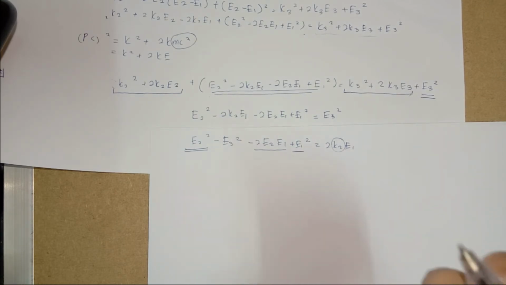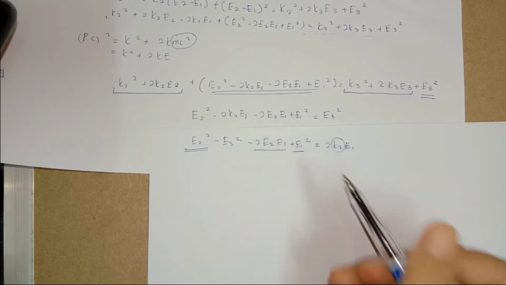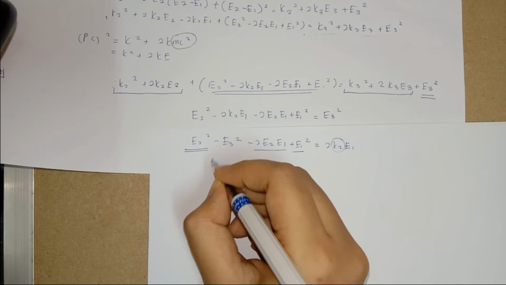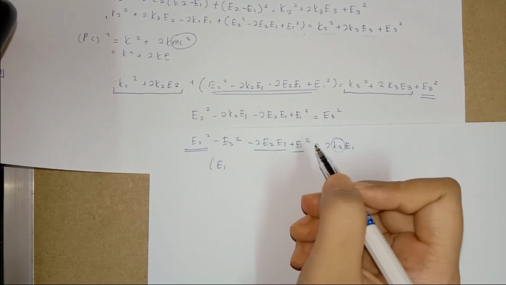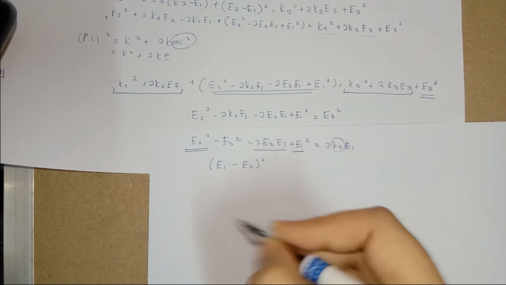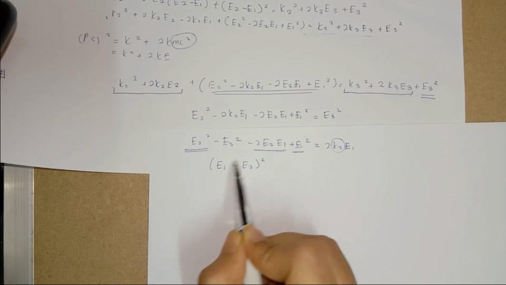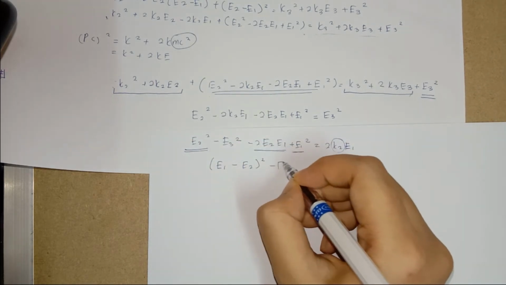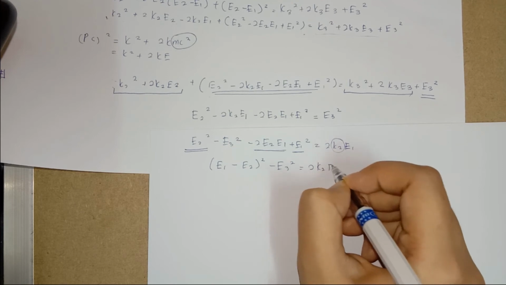What is this? If you remember, this is the pattern of a quadratic equation, so it's basically E1 minus E2 squared. You factorize these terms here to become E1 minus E2 squared, and then minus E3 squared equals 2K2E1.